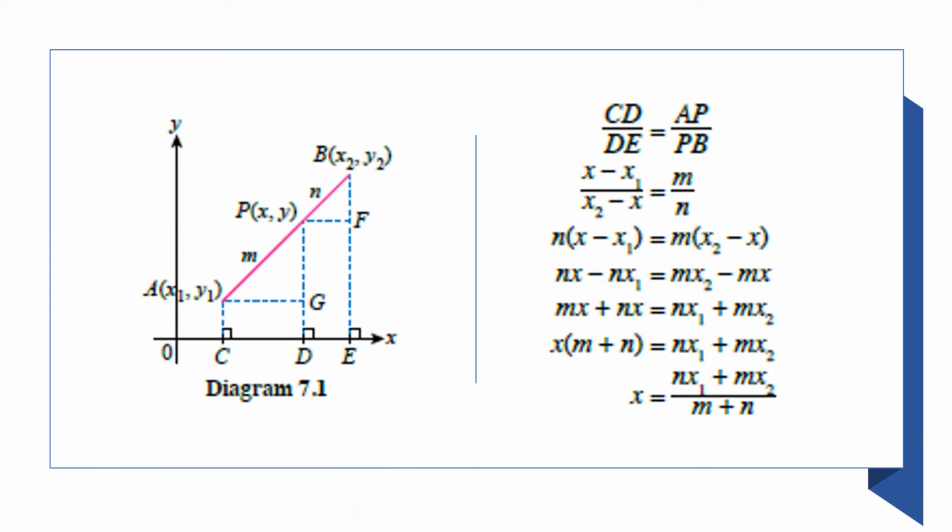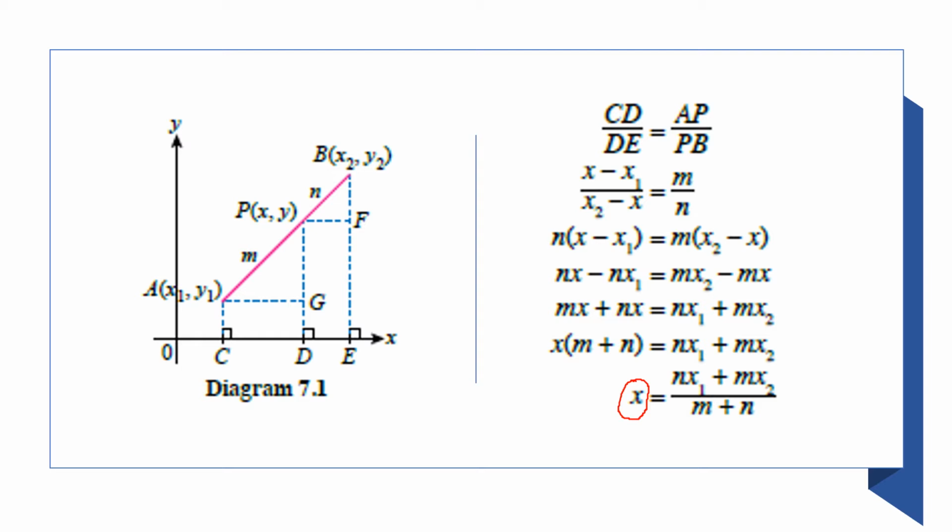Okay, from these 2 points, A and B is the line segment, and our coordinate P is the point between A and B. So how to derive the formula to get a coordinate of X? So we were finding the coordinate of X actually. So this coordinate of X belongs to the P. So P is a point between A and B, on the line segment of AB.